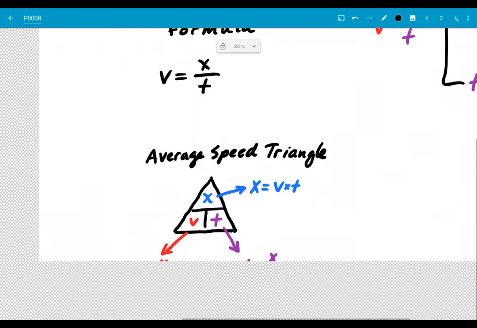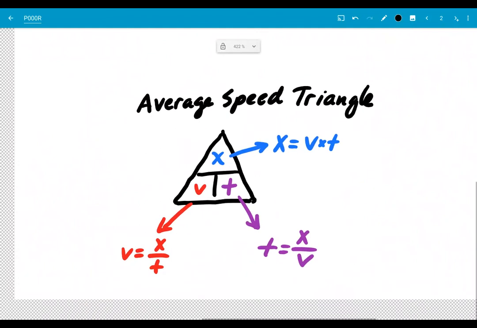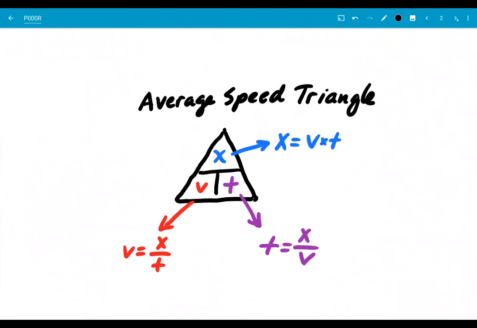Also, one thing that I wanted to point out that's on this PDF is that we have something that some students have found useful. We'll call it the average speed triangle. And it's arranged like this with the X on top and the V and T across the bottom. You may have seen something similar to this when you were in junior high with F equals MA. What this does is it shows kind of how the variables become rearranged when you're trying to solve for the different variables.